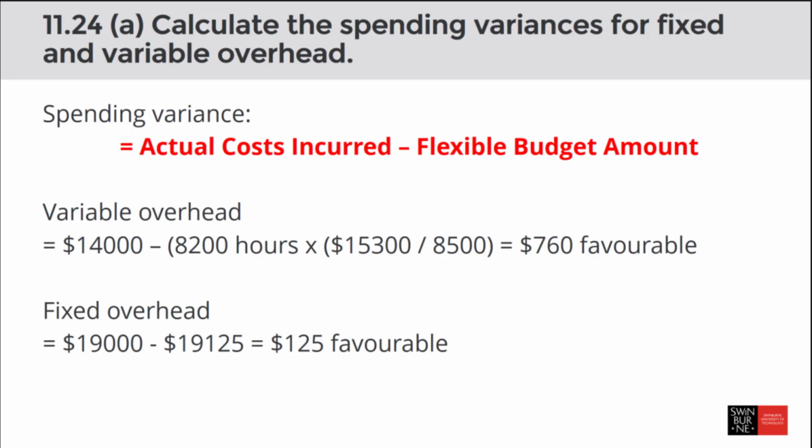This is the standard rate that you apply. So the result of this calculation is 650 favorable. What about fixed overhead? Actual cost 19,000. Flexible budget amount 19,125. The actual one is less than the budgeted. Therefore, it is 125 favorable. Both spending variances are favorable, which means you spent less than what you budgeted.